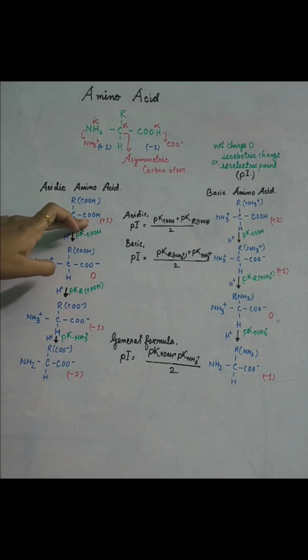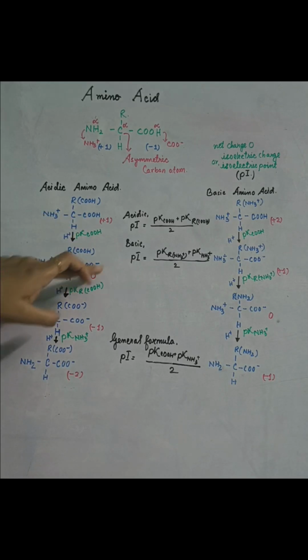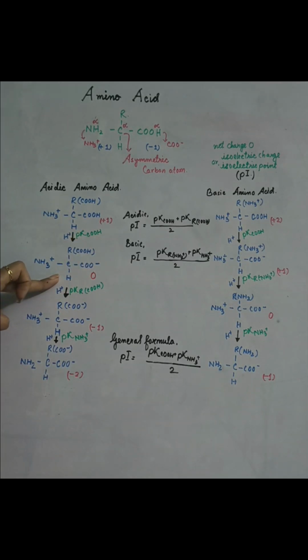Now the first H+ is released from the COOH and the zwitterion formation is here, and then the second H+ ion is released from the R group. Therefore, this overall net charge is -1, and after that the H+ is removed from the NH3+ becoming NH2, and then the net charge is -2. So here the zwitterion formation has occurred, and this is the monocation and this is the monoanion.